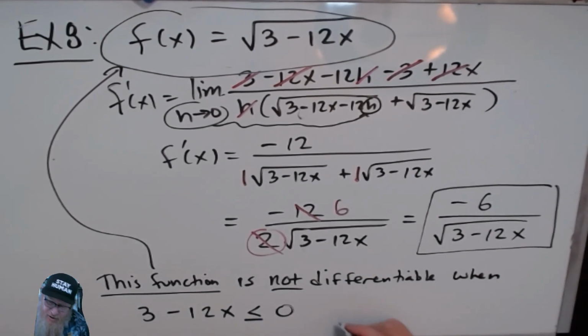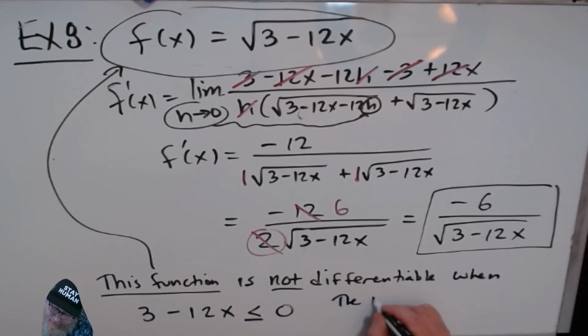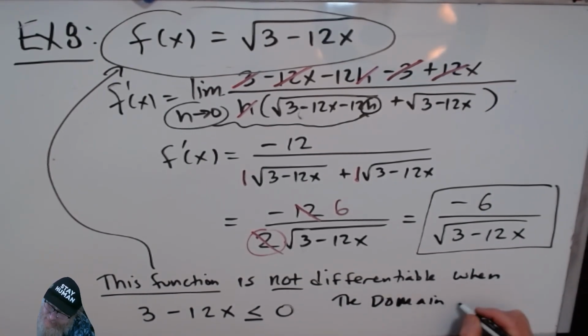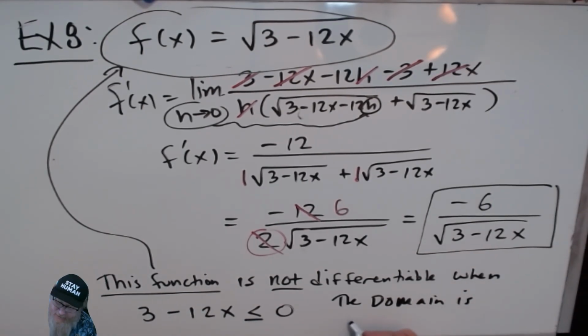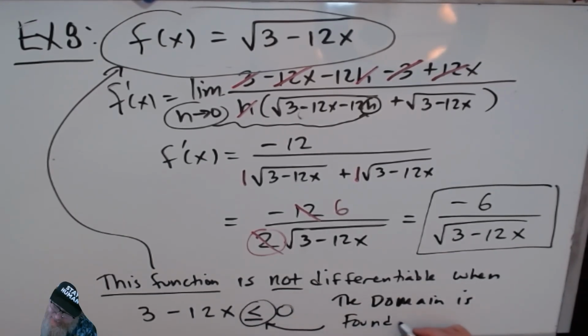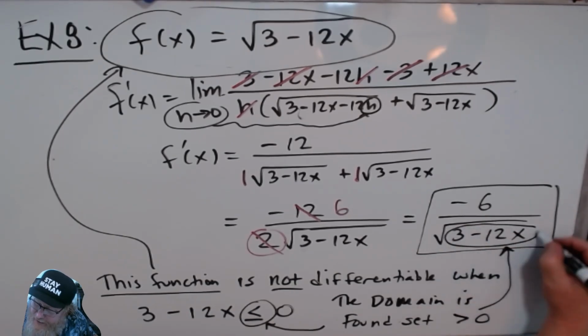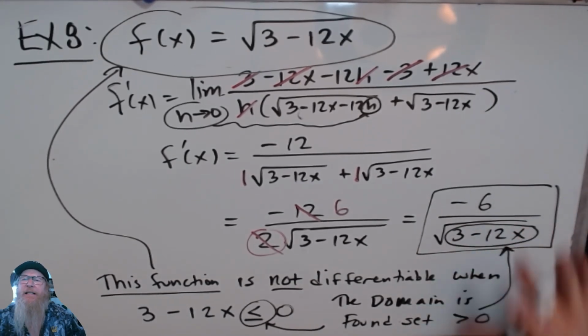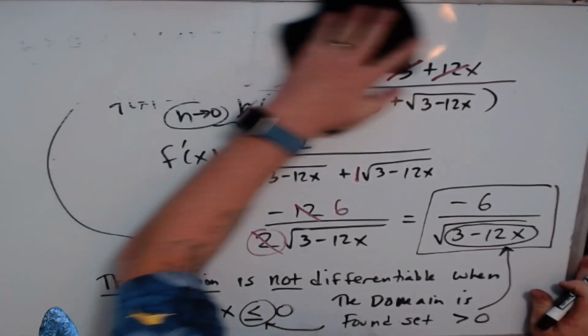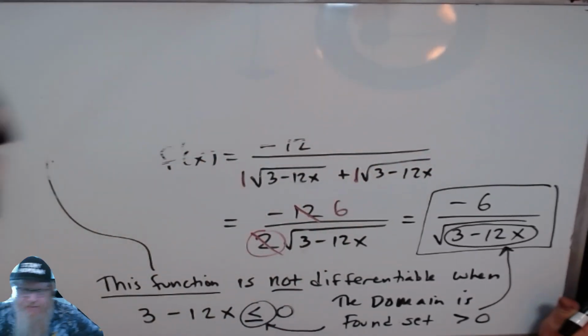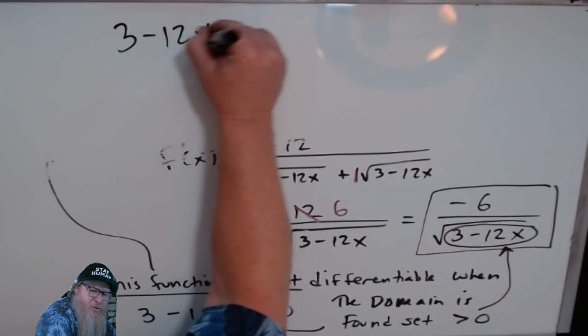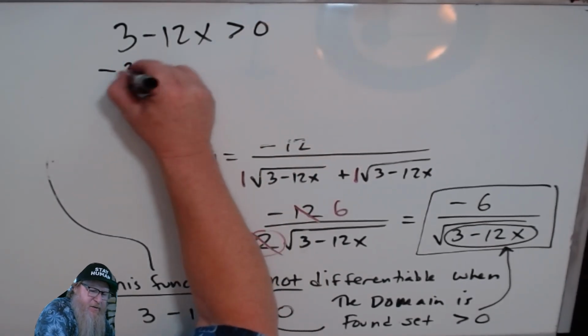So that means the domain is found by setting this greater than or equal to 0. Greater than 0, not or equal to. Strictly greater than 0. So 3 minus 12x is greater than 0.